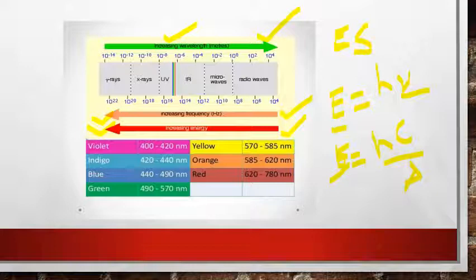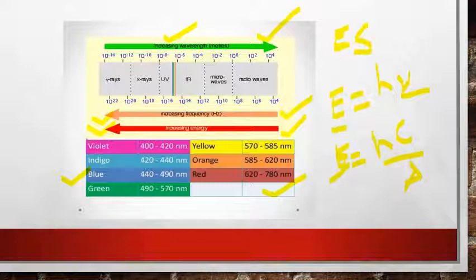The visible range of the radiation comes in between this spectrum, that is VIBGYOR, which at the bottom side starts with the lower wavelength, that is 400 to 420, then 420 to 440 and goes on increasing up to red, which has the higher wavelength, about 780 nanometers.